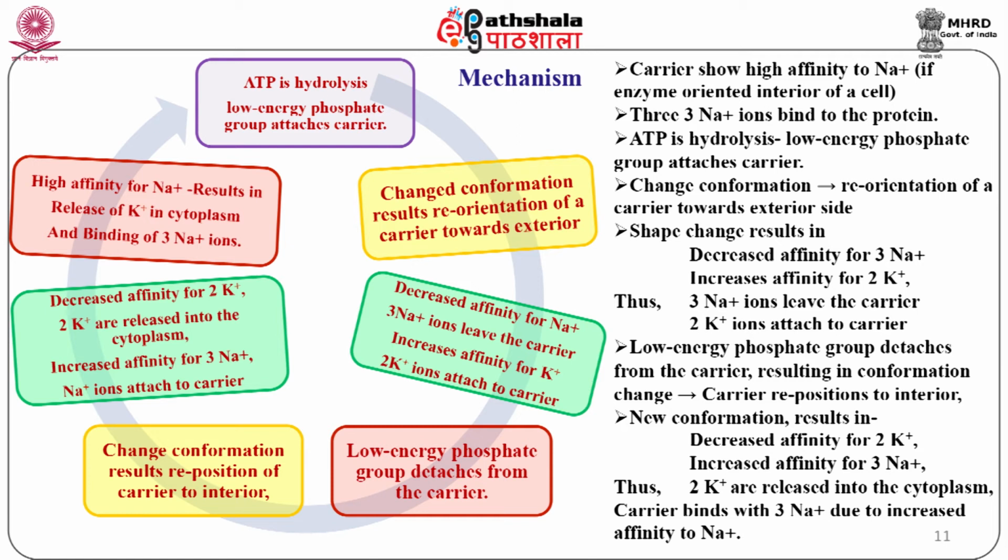This new conformation results in a decreased affinity for 2 K+ ions and an increased affinity for 3 Na+ ions. Thus, 2 K+ ions are released into the cytoplasm and the carrier binds with 3 Na+ due to the increased affinity for Na+ ions, and so on.